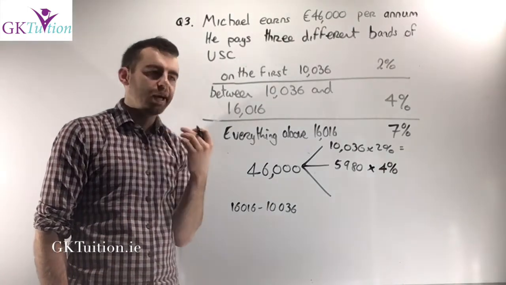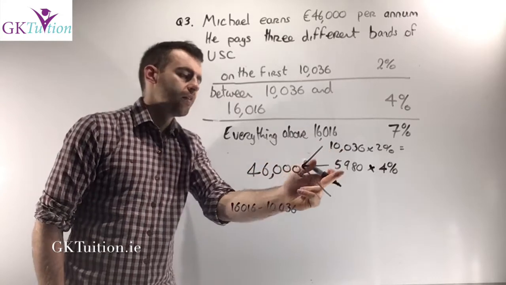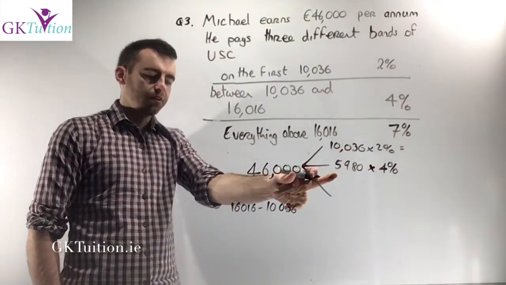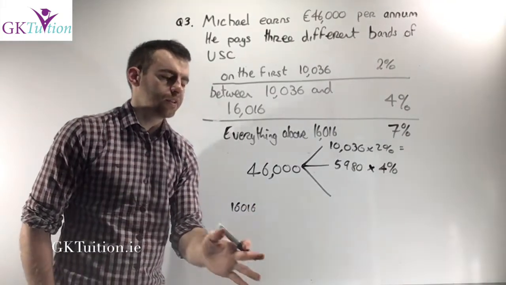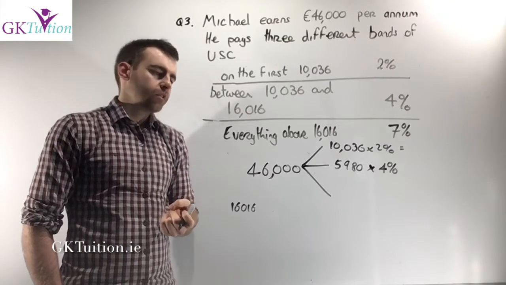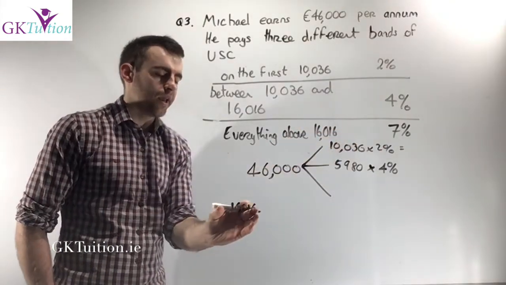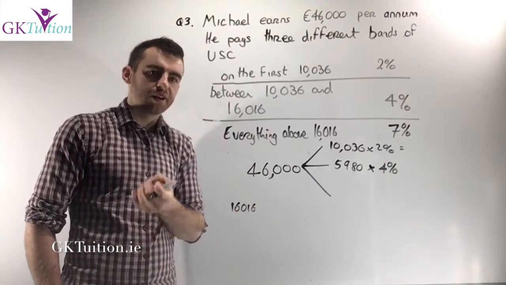Now, I've accommodated for the first €10,036 that he earns, and then the next €5,980 that he earns. Overall, I have accommodated for €16,016 of his income. So that's the amount of USC he needs to pay on the first €16,016 that he's earned.